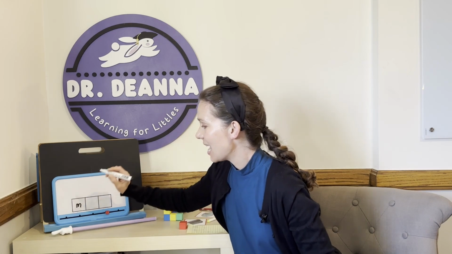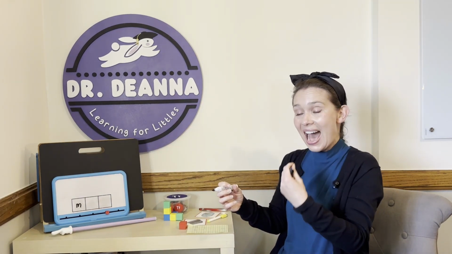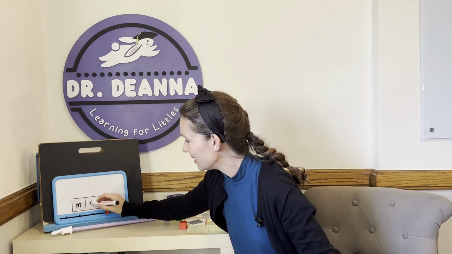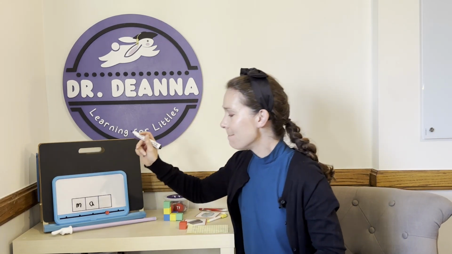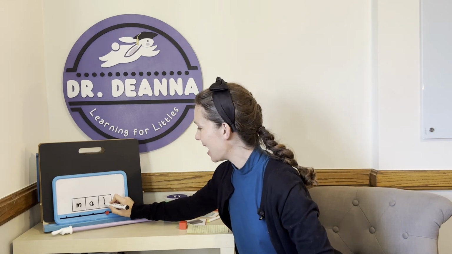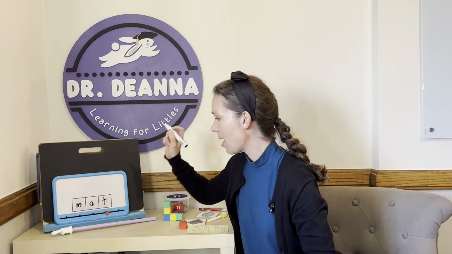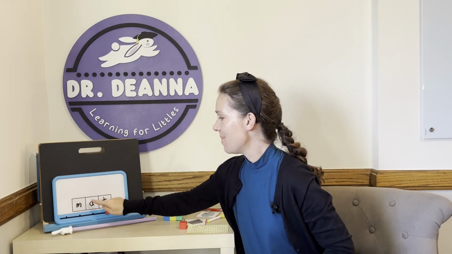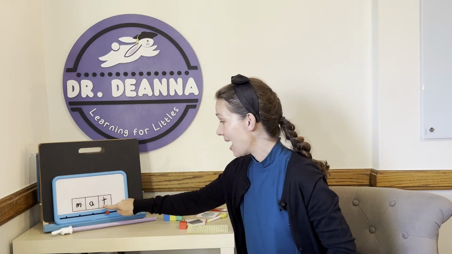And then I stretch it out. I hear an a sound. Mat. I hear the T sound, so I put a T in the last box. Mat. But what happens if I change this last sound to a P?